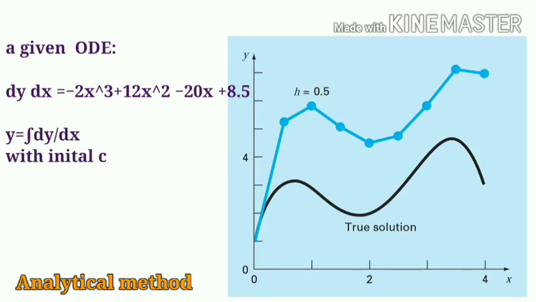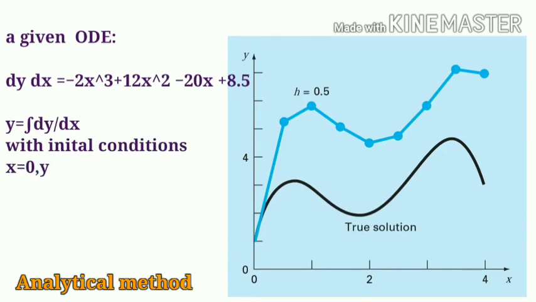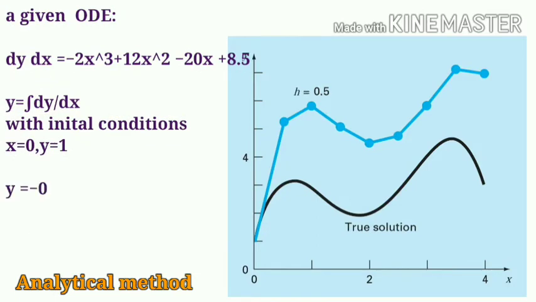If we are able to find the actual solution, that is the true solution, by integrating it with initial conditions x0, y equal to 1, we will get this equation: y is equal to minus 0.5 x raised to 4 plus 4x cube minus 10x square plus 8.5x. So here in this figure you see this black curve. It shows the actual variation of y.